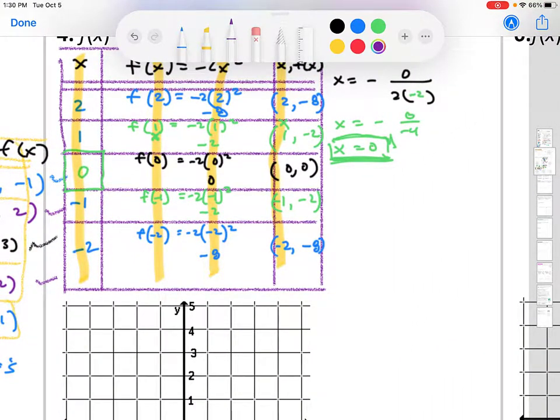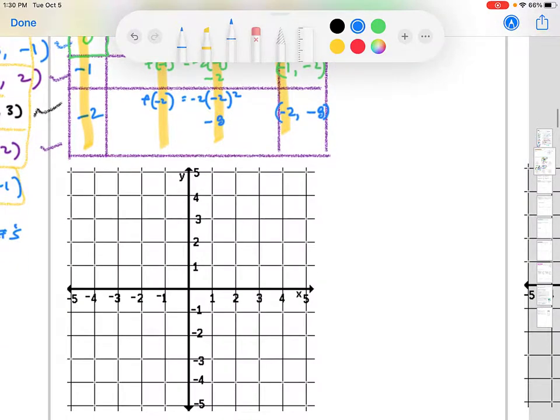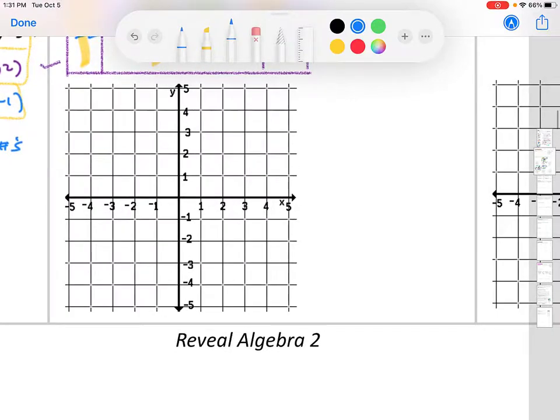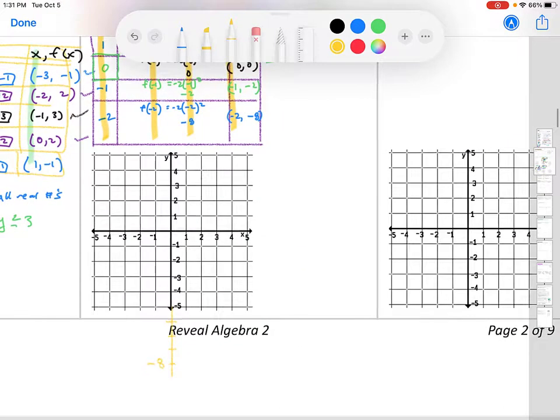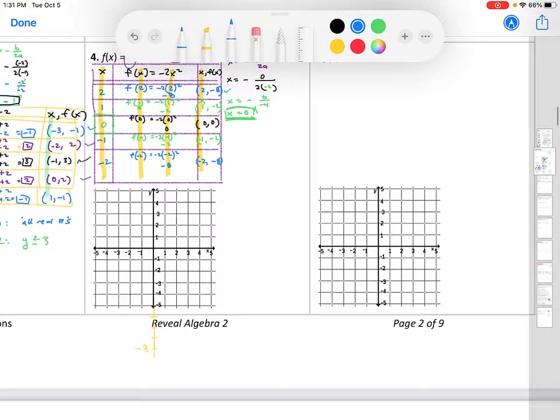All right, let's go to our drawings here. So 2, negative 8. Okay, so if you do what I did, I messed up. Okay, so 5, 6, 7, 8. That one's negative 8. So 2, negative 8: right 2, then down 8, because the y value is negative.